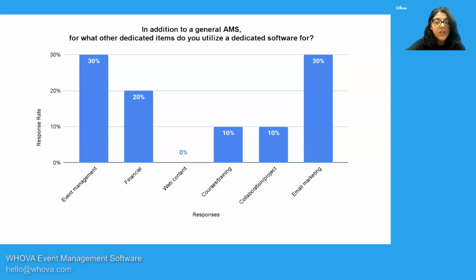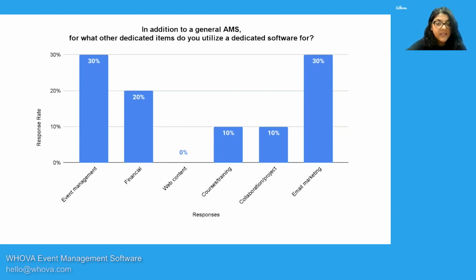The first poll question we asked our participants is, in addition to a general association management software tool, for what other dedicated items do you utilize a dedicated software? So far, as you can see here in the chart, the popular responses are event management software, as well as email marketing software tools, coming in with 30% of the responses.